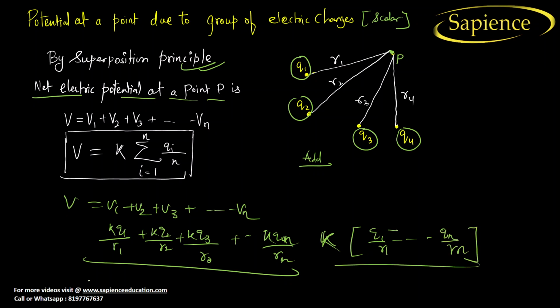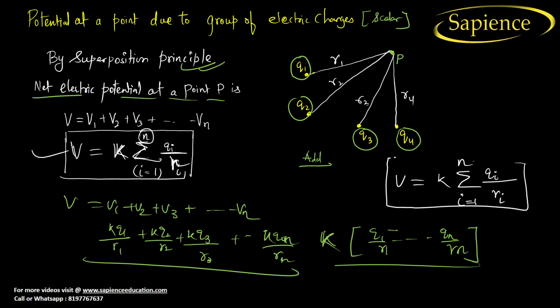Now, why don't we make it a formula? I have already given the formula here. The total potential V is equal to K summation of i from 1 to n of Qi divided by Ri. Again, I am writing the formula: V is equal to K summation of i equals 1 to n, Qi by Ri.